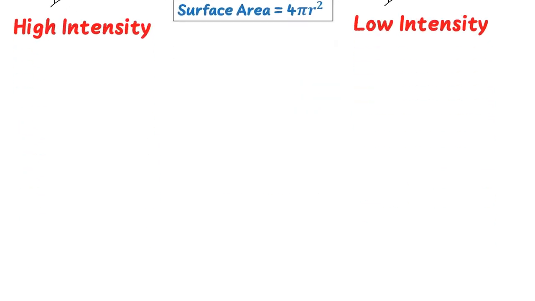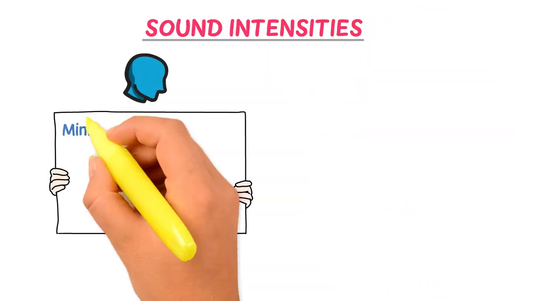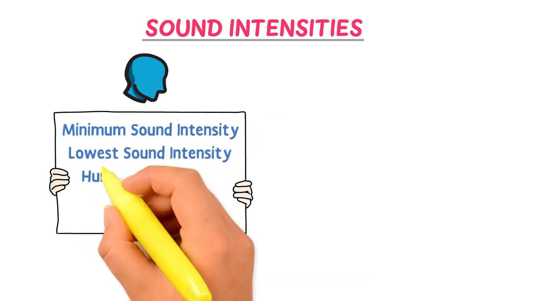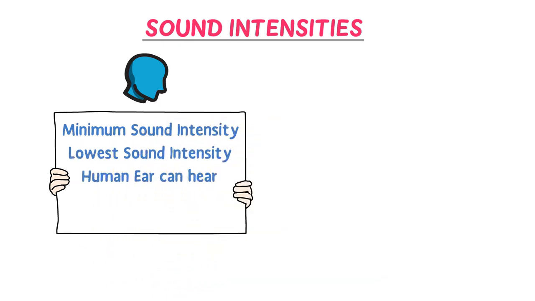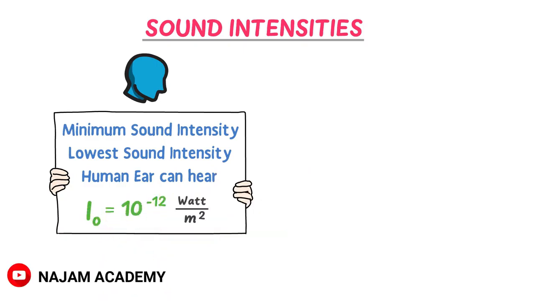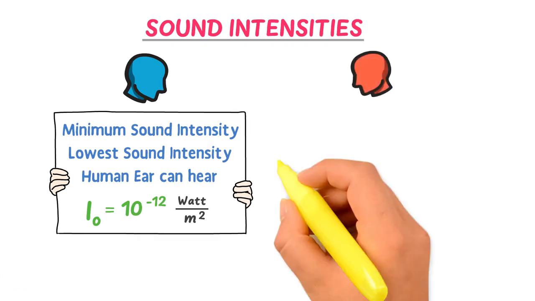Finally, let me teach you about different intensity levels. The minimum sound intensity or lowest sound intensity the human ear can hear or detect is I0 is equal to 10 raised to the power negative 12 watt per meter squared.